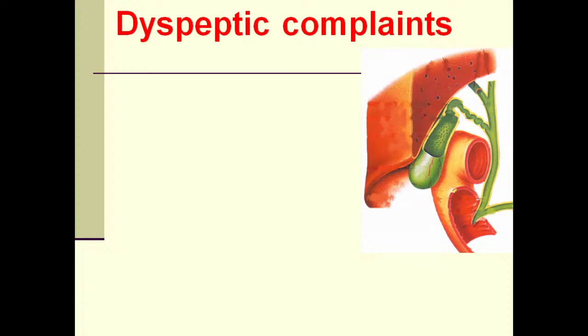Bile is needed to activate the pancreatic enzymes, because primarily they are non-active and are activated only in the duodenum, and bile is needed for emulsification of fat before the digestive process.